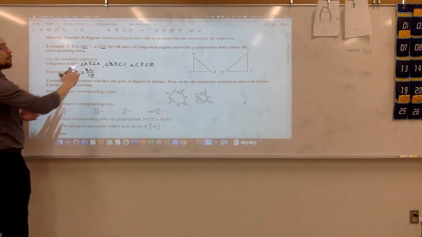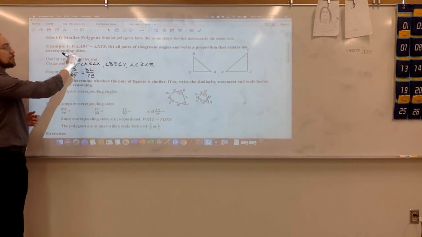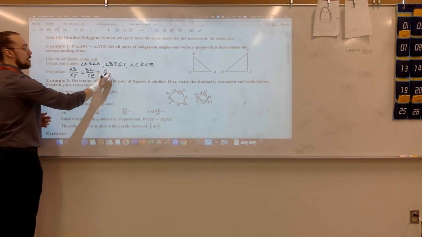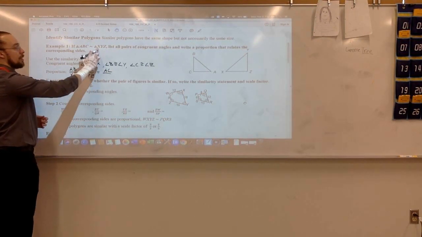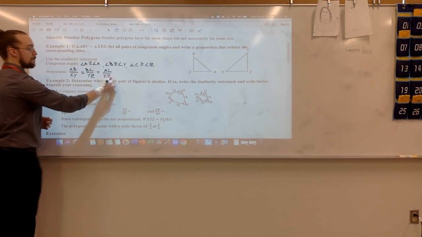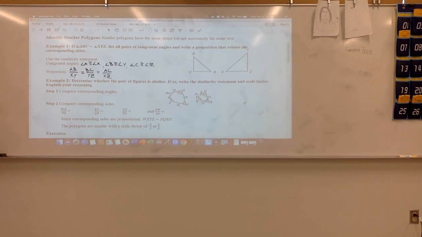And then my final pair of corresponding sides would be AC and XZ. So if two figures are similar, the corresponding angles are congruent, and the sides are proportional.